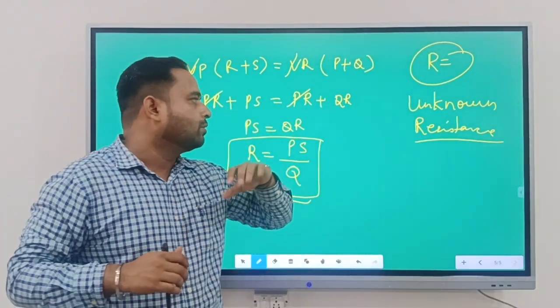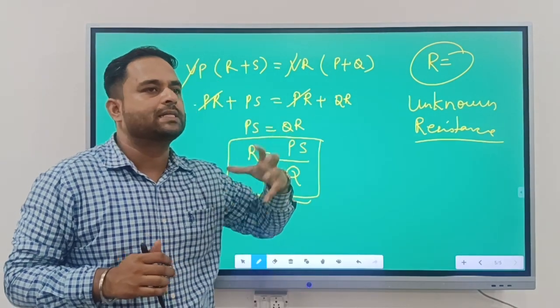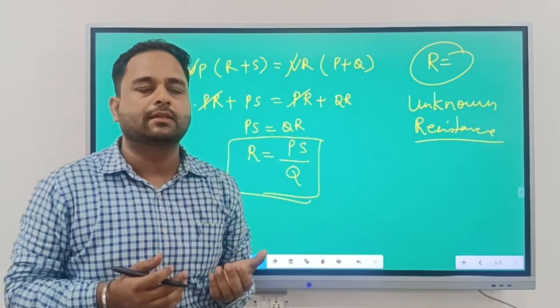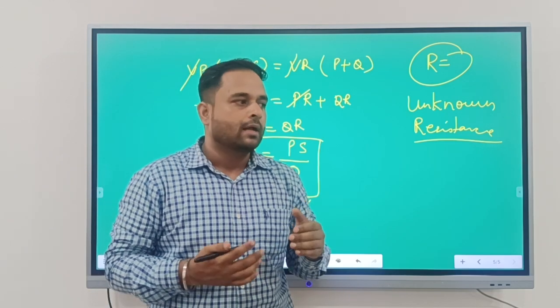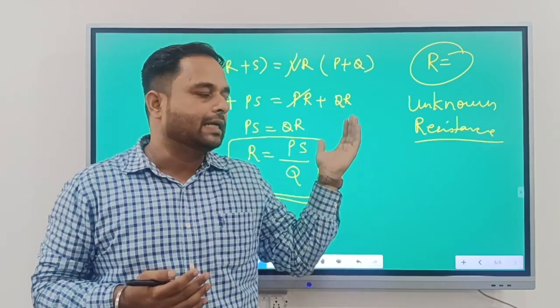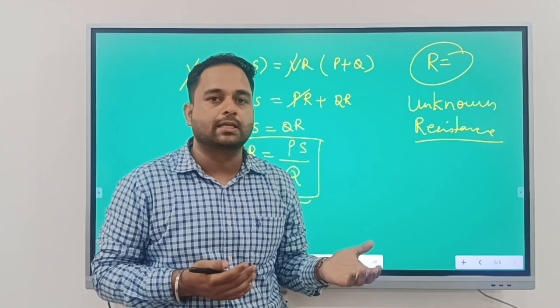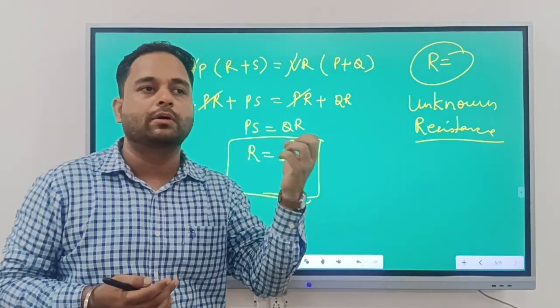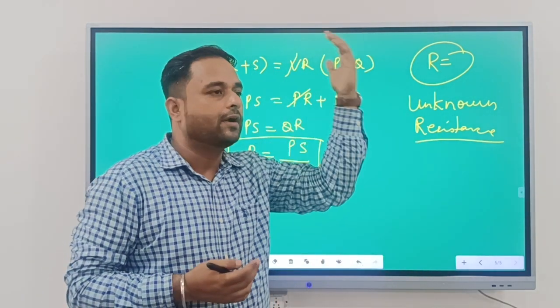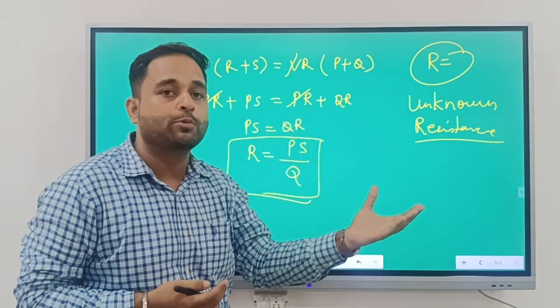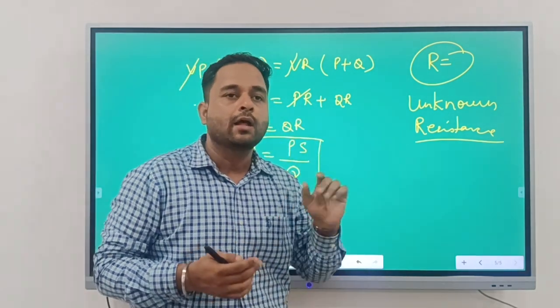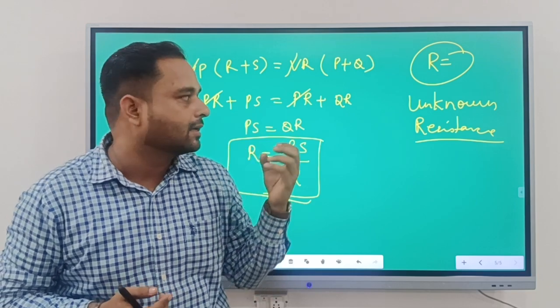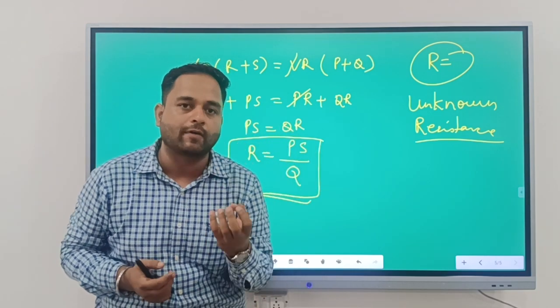The application is basically measuring accurate values. Sometimes it identifies temperature, detecting the heating amount, and different types of measuring instruments use it because it gives precise and accurate values.